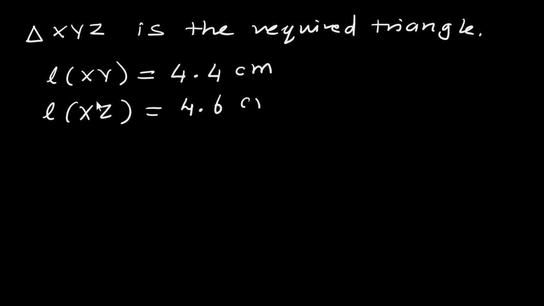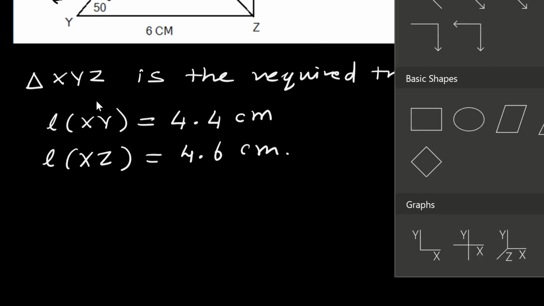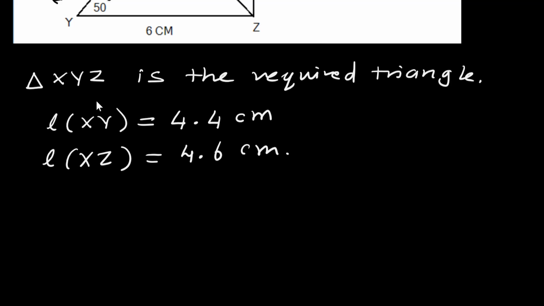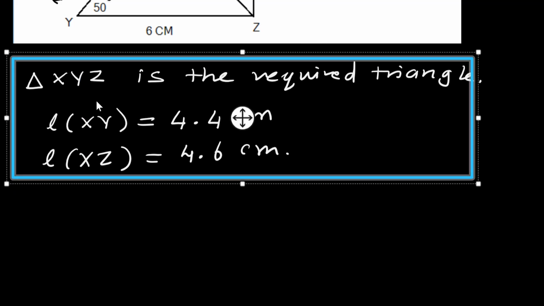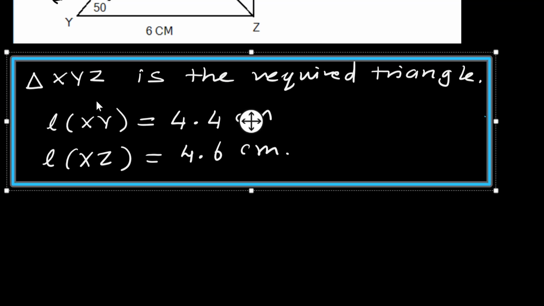So what is the sum? 9. If your answer is within plus minus 0.2 of the expected answer, then your answer is correct. Plus minus 0.2 is the standard tolerance.